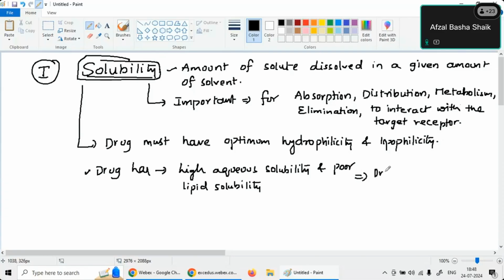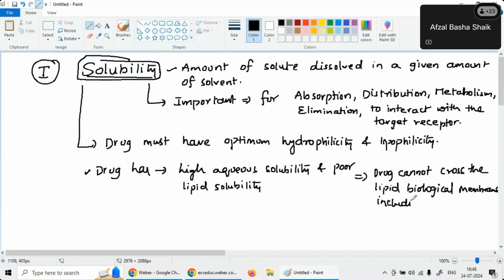The drug cannot cross the lipid biological membranes. All the biological membranes are rich in lipoproteins, including the blood-brain barrier.